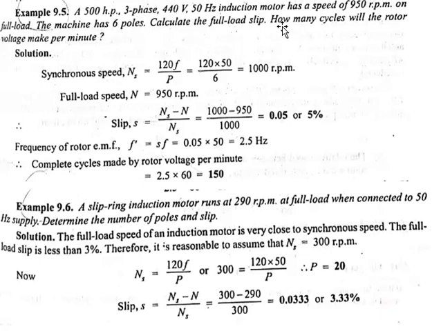Then also we have to find how many cycles will the rotor voltage make per minute. So they have asked the rotor current frequency in different terminology. What they are asking is the rotor current frequency. We did the derivation for the rotor current. The same applies for the rotor voltage.